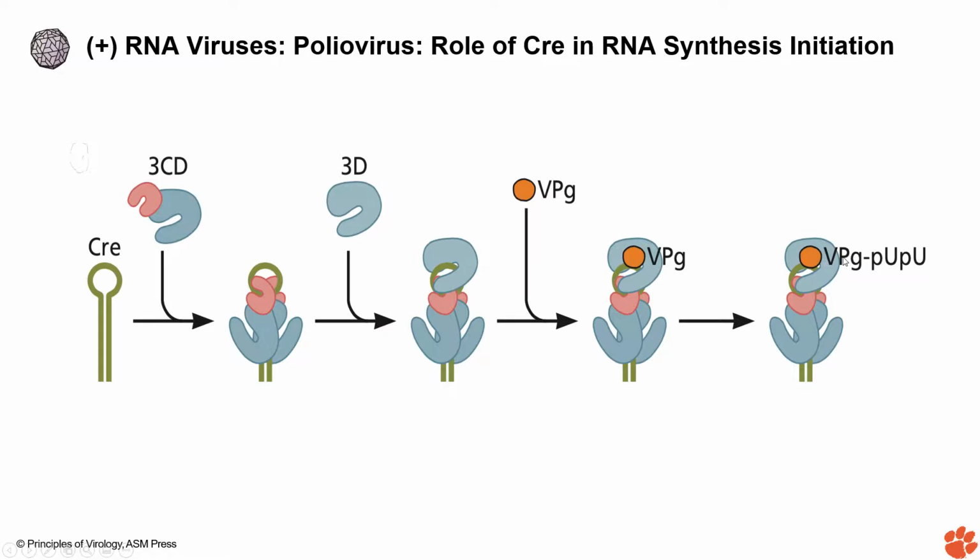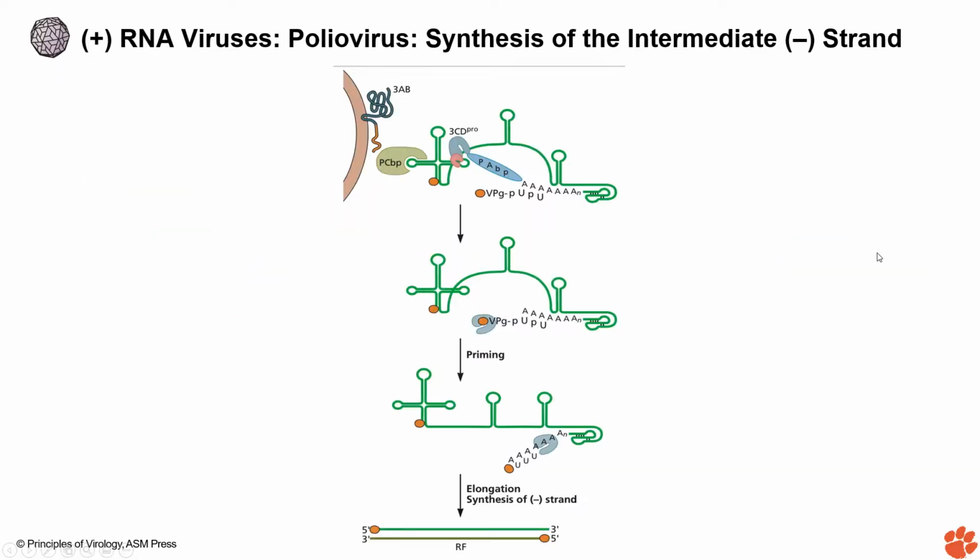So you have the VPG protein, phosphodiester bond, uridine, phosphodiester bond, uridine. This is the primer. After forming this primer, this whole thing, the RNA polymerase and the primer, goes all the way back into the structure of the 3' end. And we're just going to see how this whole thing happens.